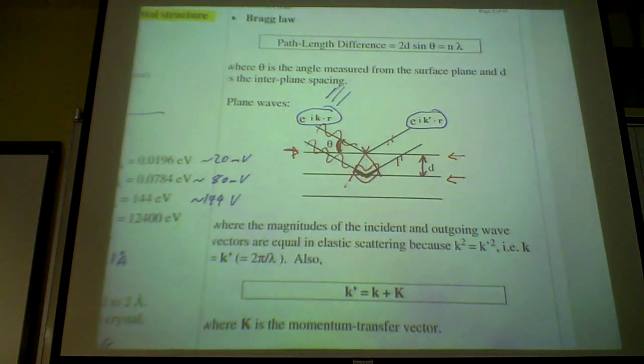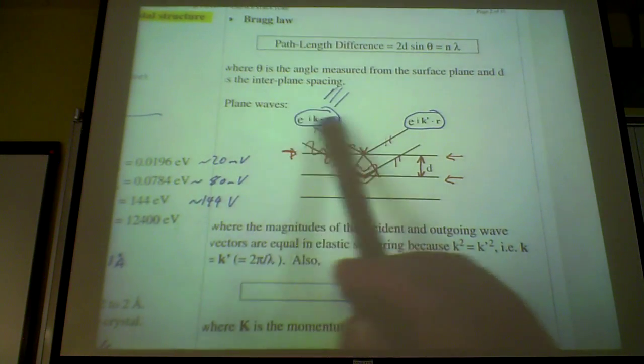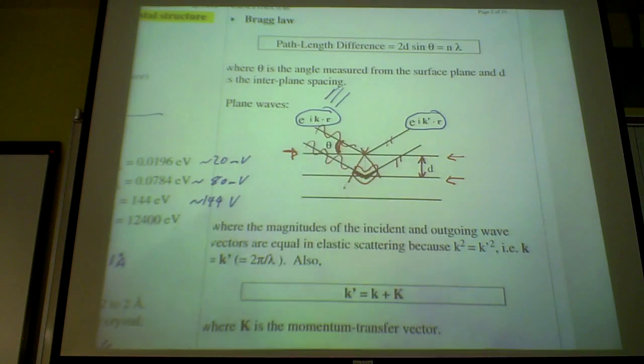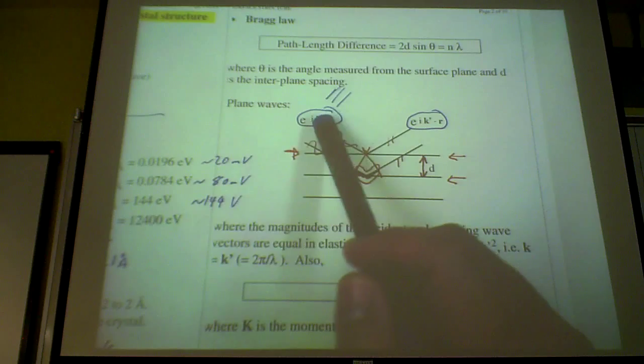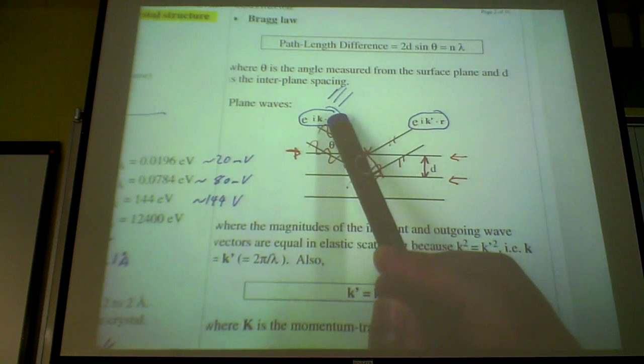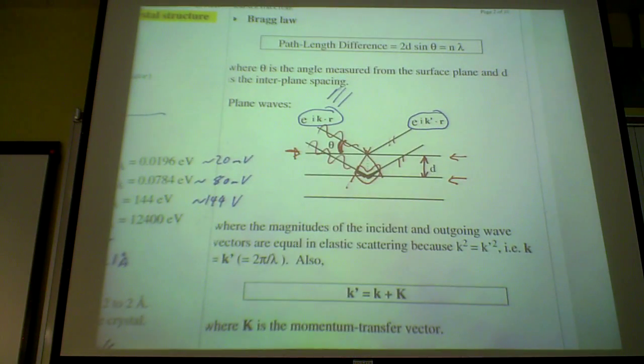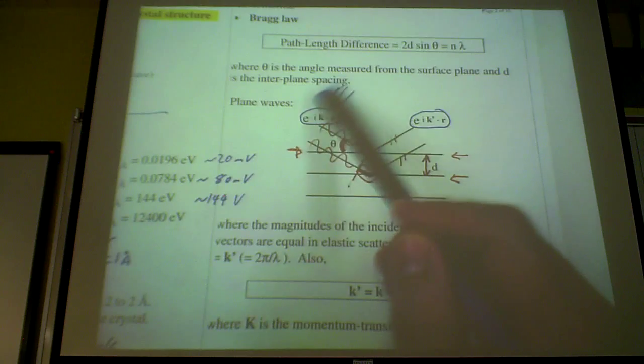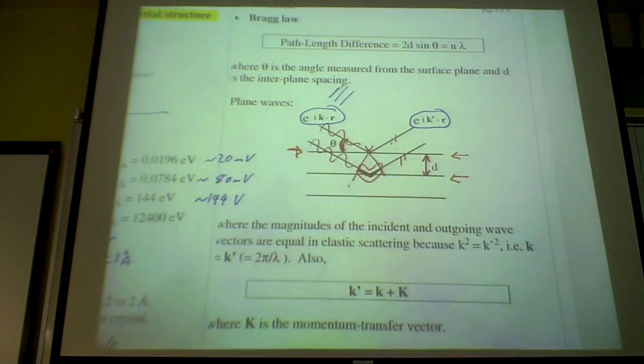This is how people mathematically expand it. The way to see this is that you can expand this exponential into sine and cosine: e to the i k dot r is cosine k dot r plus i sine k dot r. That's the expression, so it's a plane wave. Physicists write it like this.